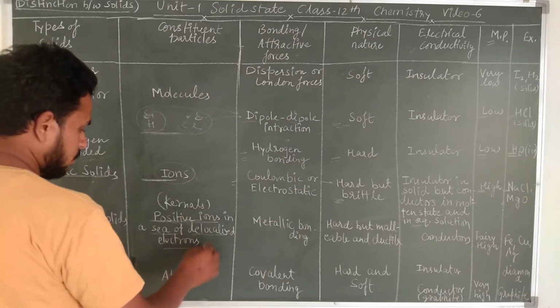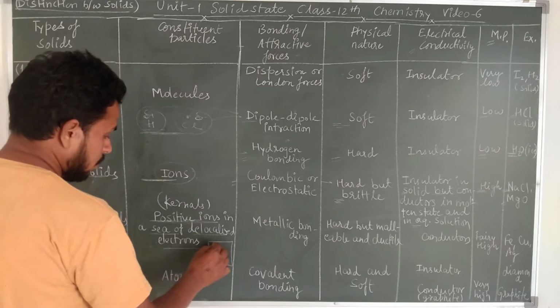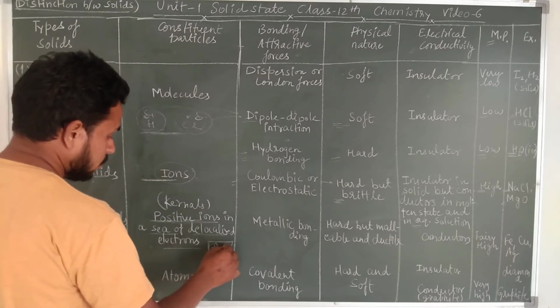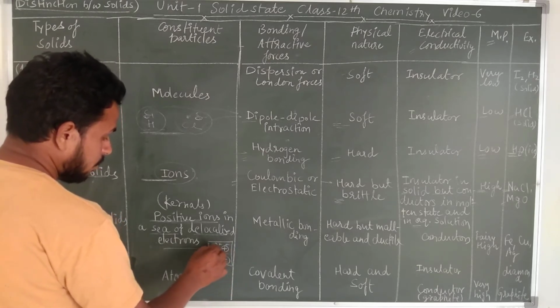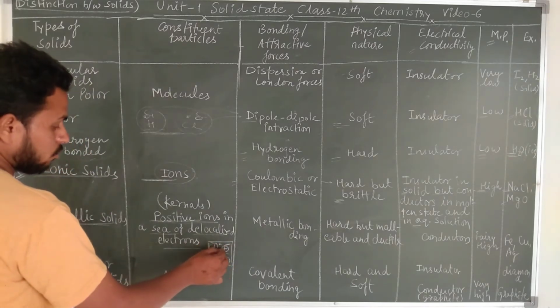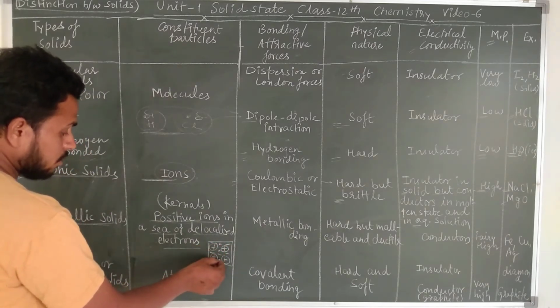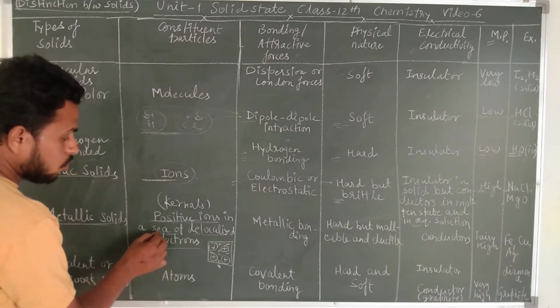Let us see the figure. We have positive charges, and in the remaining space we have electrons. This space is a sea of delocalized electrons.